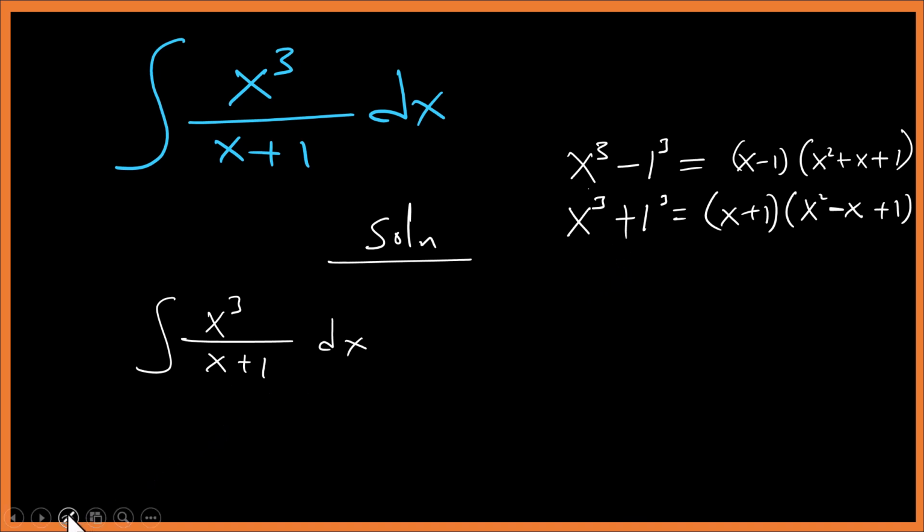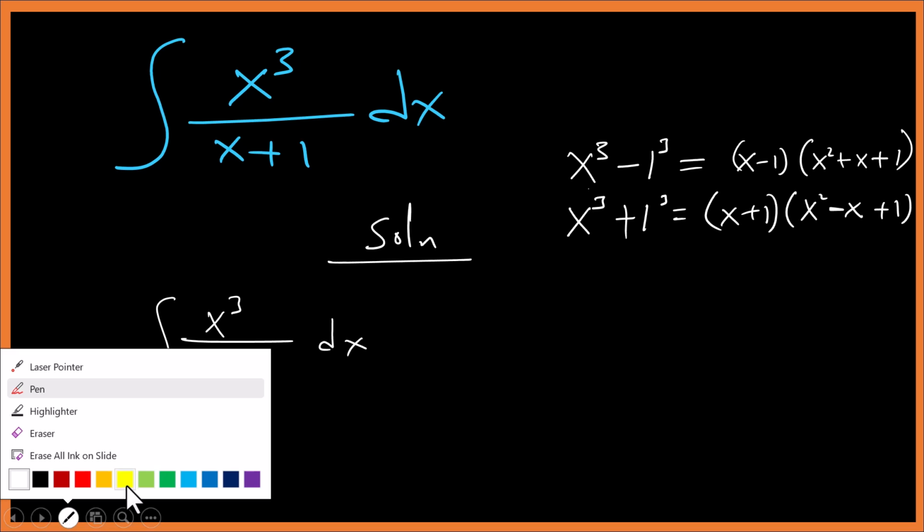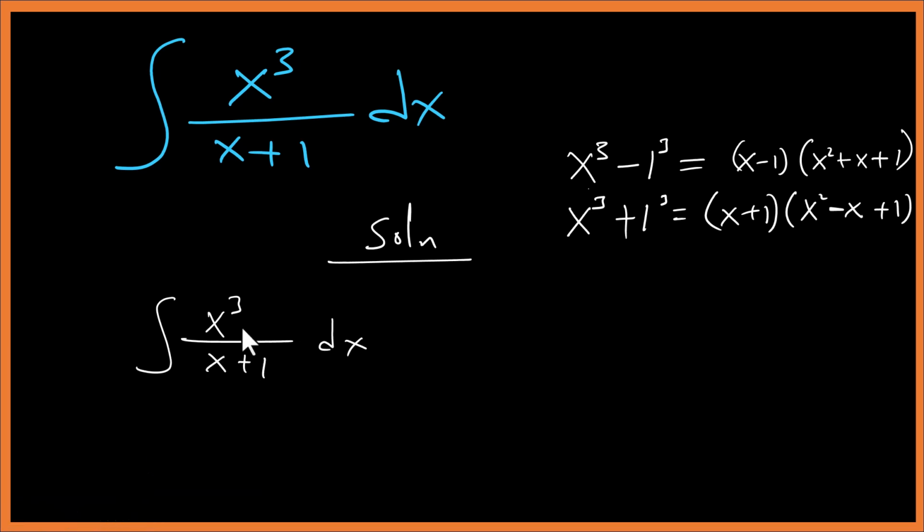Now we are going to adjust the numerator. So I'll make this side plus 1 minus 1. The reason is I want to write the sum of cubes here, so that I'll get x plus 1 and it will cancel out.